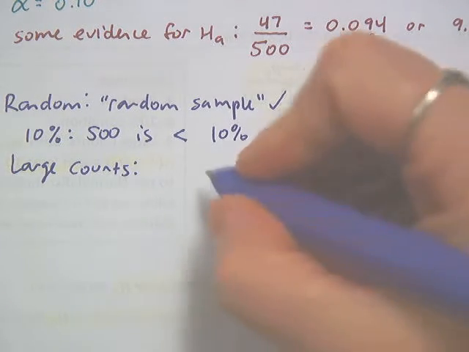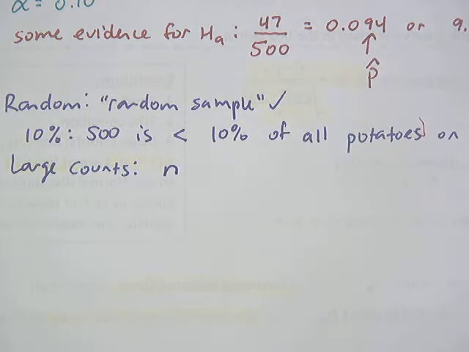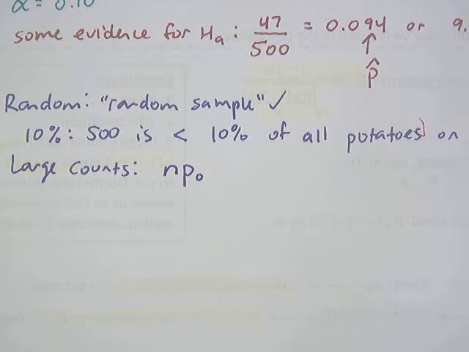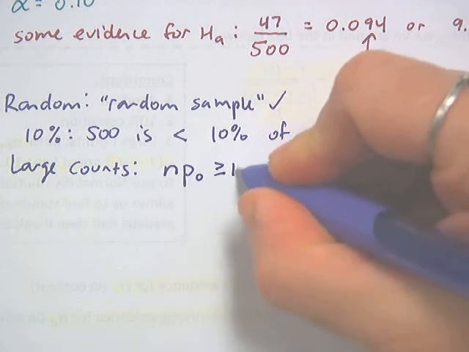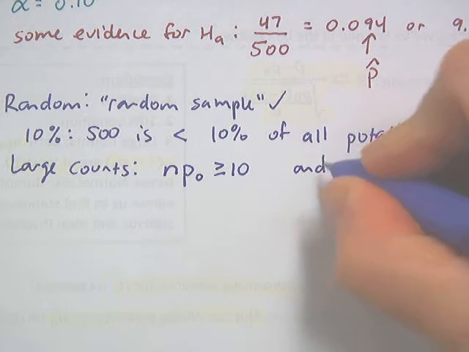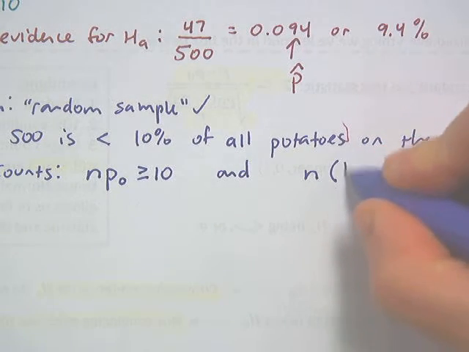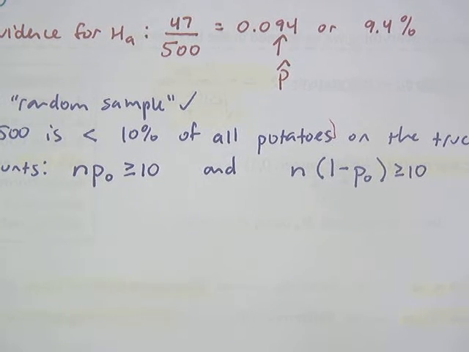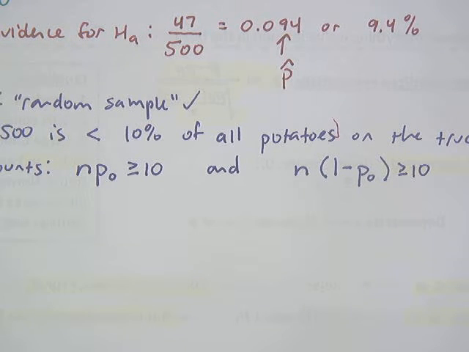We need to check that sample size times p null is greater than or equal to 10. And we need to check that n times 1 minus p sub-zero is greater than or equal to 10. A lot of you know n is the sample size.